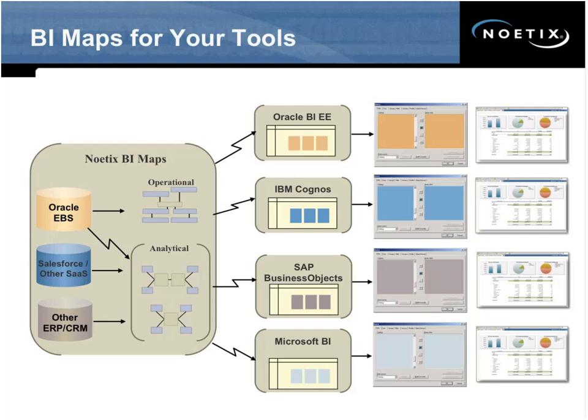But for each of them, the Noetics Generator does the tedious work of setting up that model, creating all the joins, providing friendly names, doing aliasing, connecting links, and keeping that up to date as you maintain and upgrade and make changes to your system over the lifetime of your implementation.